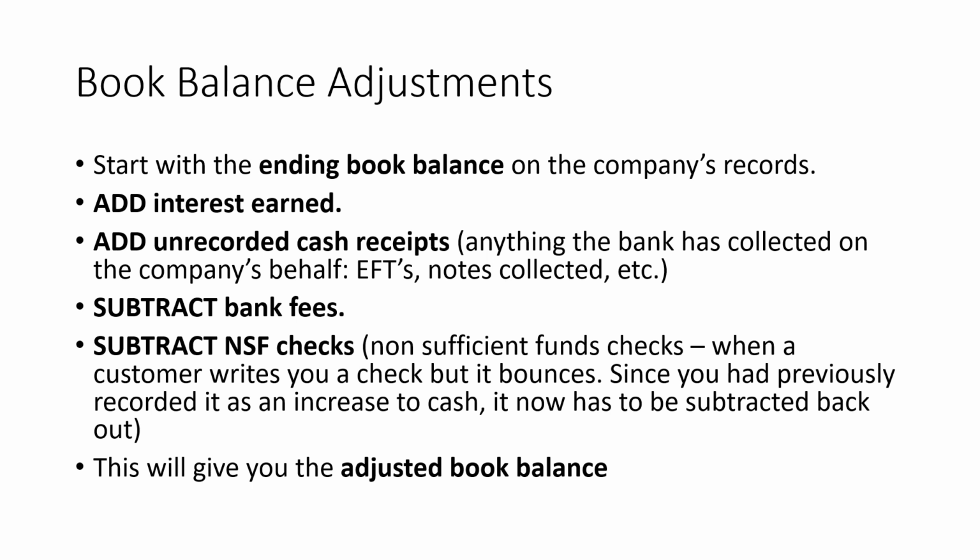Then in the right-hand column, you will do the book balance adjustments. You'll start with the ending book balance on the company's records, so whatever cash in the bank is on your books.